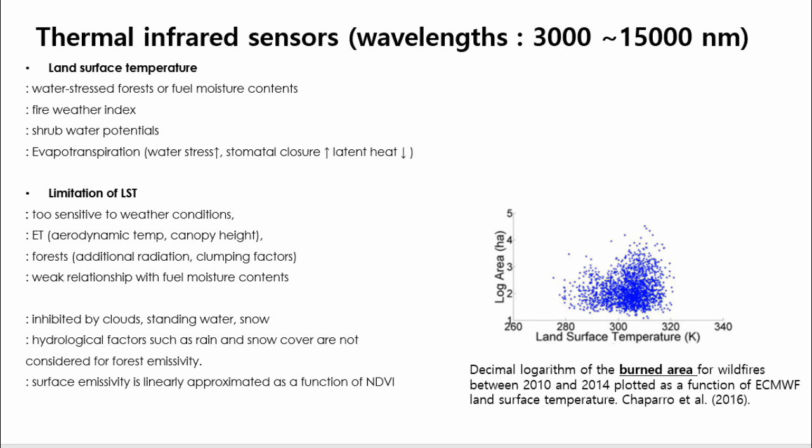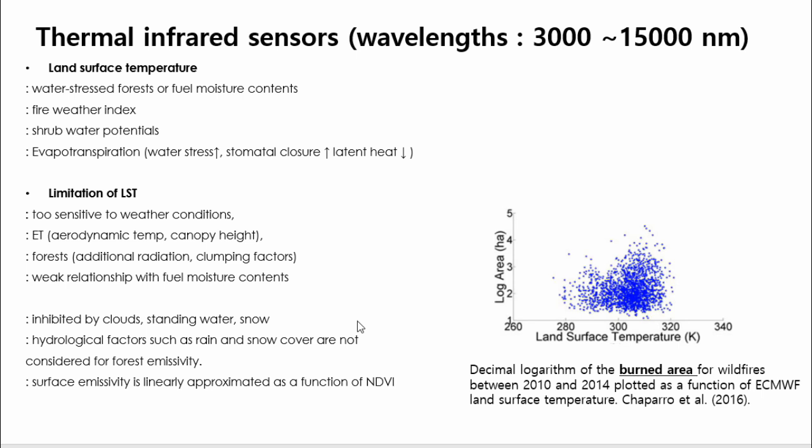When we use satellite land surface temperature, although we are using satellite sensors, they can still be inhibited by clouds and smoke and dust or standing water or snow.